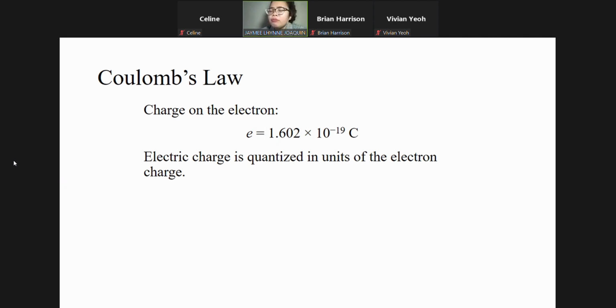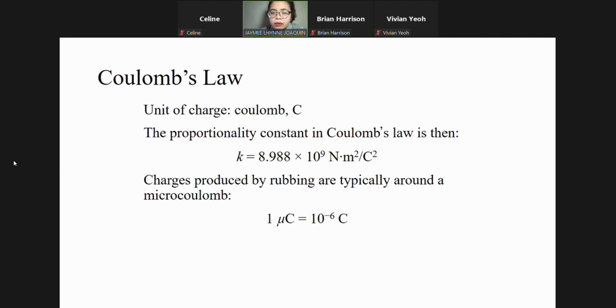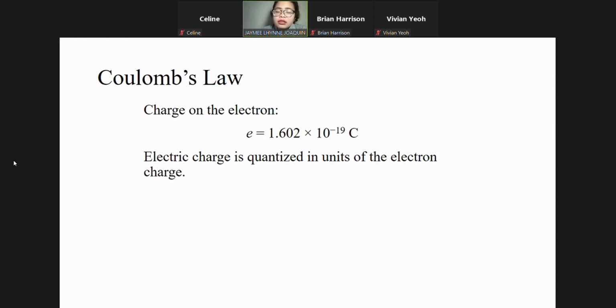Okay, so please remember the constant numbers. So for K, the proportionality constant for Coulomb's law, it is 8.988 times 10 raised to the 9 power. And for electric charge, you have 1.602 times 10 raised to negative 19.